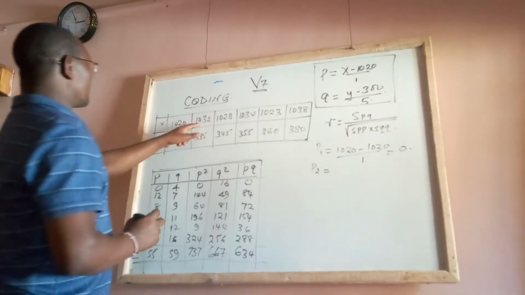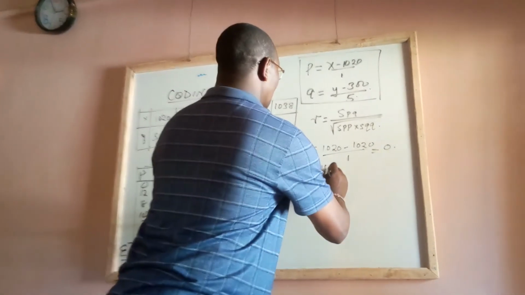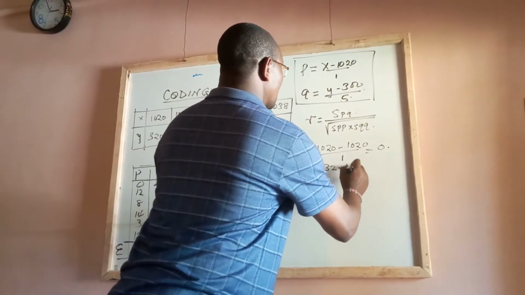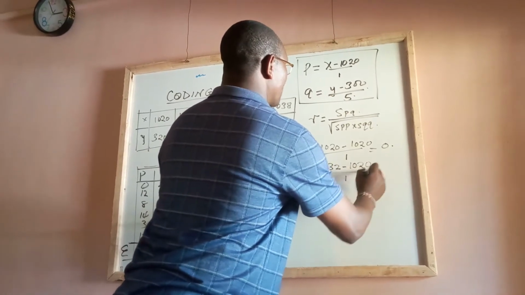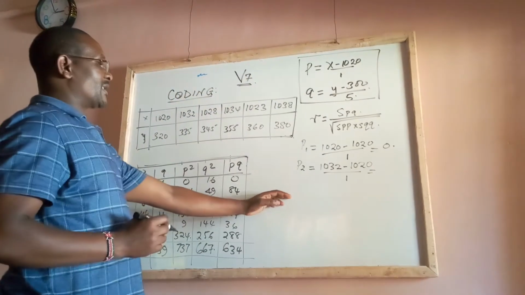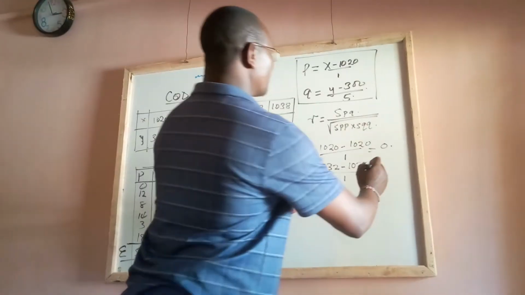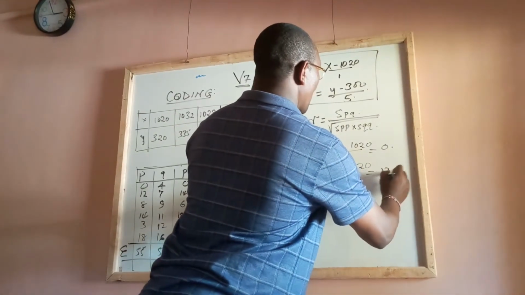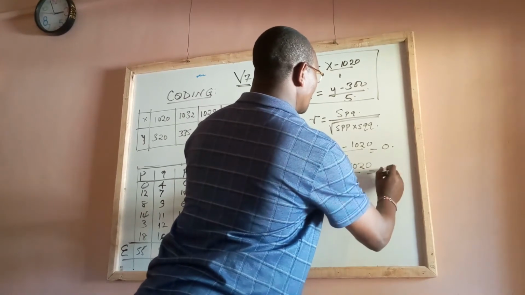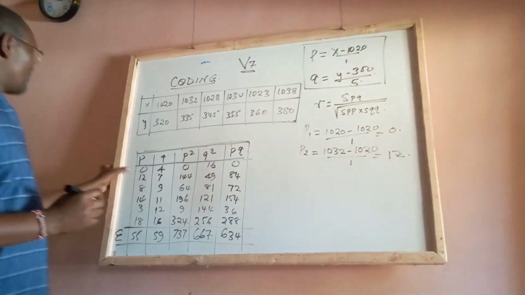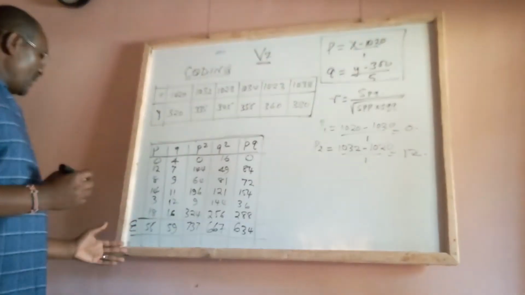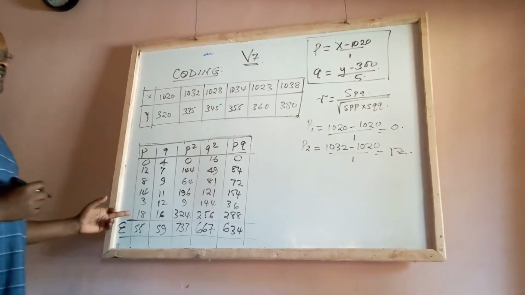We take the second value of x, which is 1032, minus 1020 divided by 1, which is obviously 12. When you divide 12 by 1 it is still 12. That's why we have the value of p2 as 12, all the way until p6 is 18.